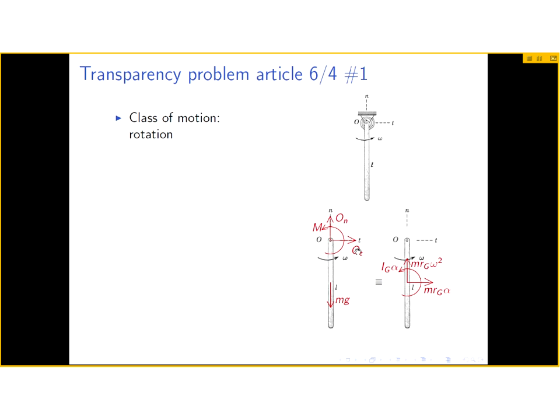If we know the 2 magnitudes, we can calculate the overall bearing reaction magnitude using Pythagoras, and we can also calculate its direction, because the direction will be the arctangent of O sub n over O sub t in a direction clockwise rotated from the t-axis. That is if we wanted that.